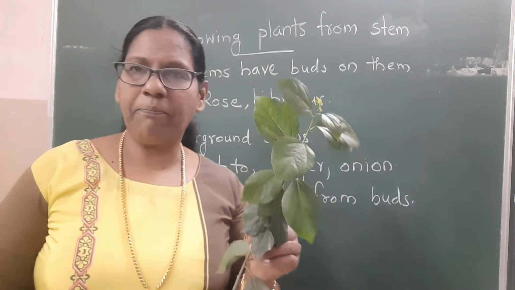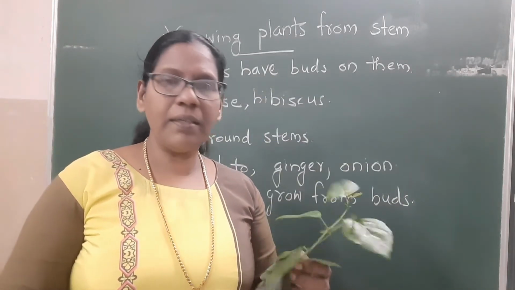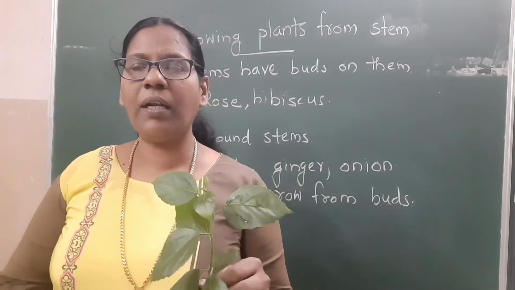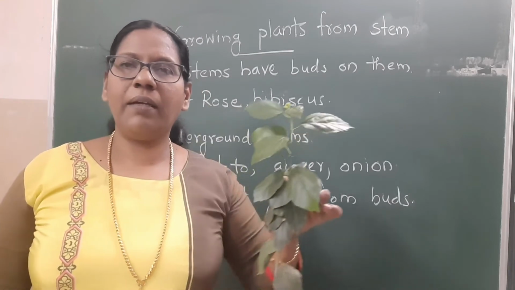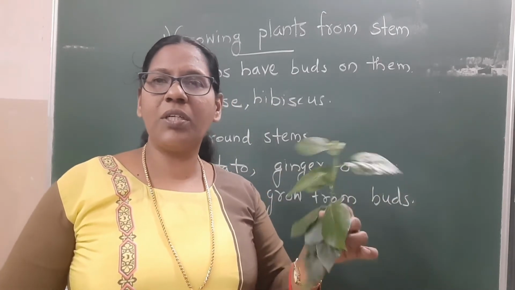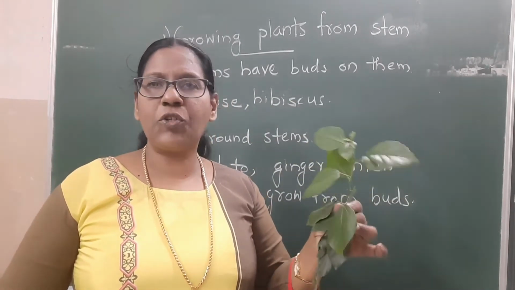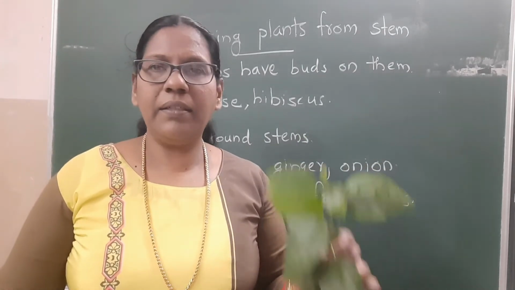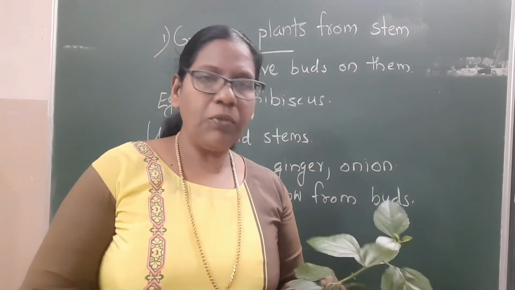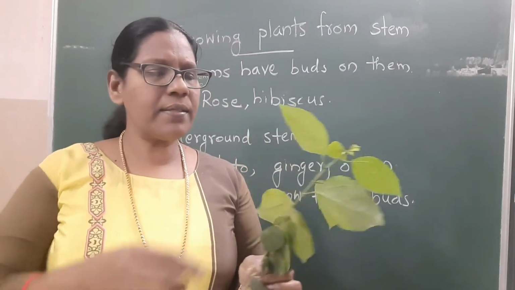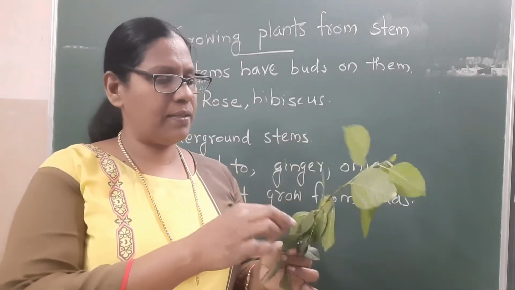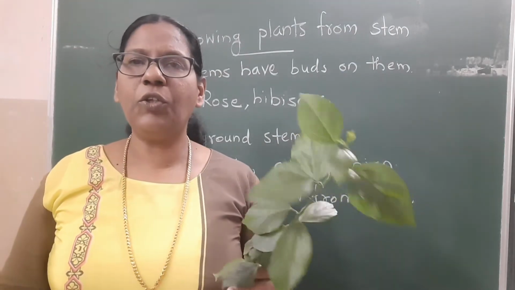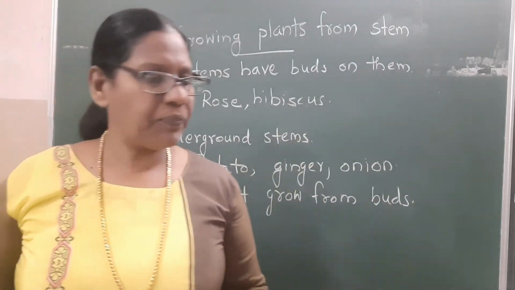Then put it in soil, pour water, and keep the plant in sufficient sunlight and air, then this plant will grow to a new plant. On this there are buds. From the buds the new branches grow.